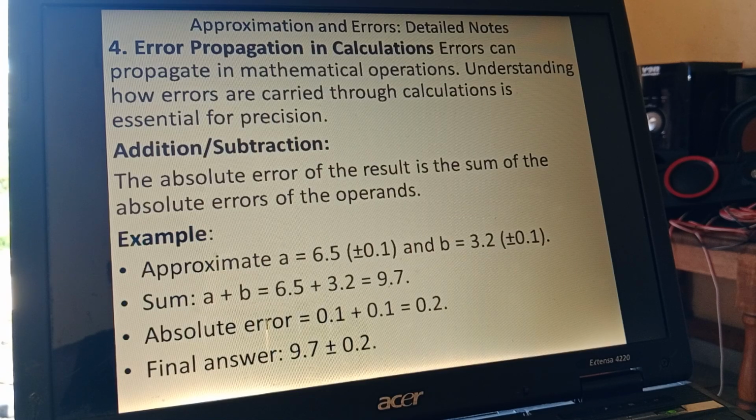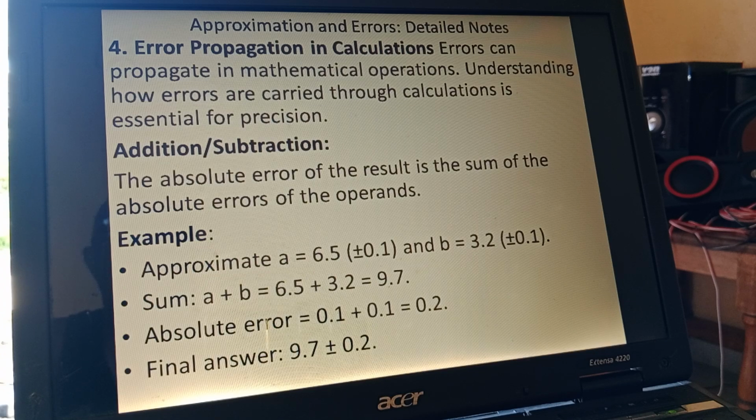Error propagation in calculations. Errors can propagate in mathematical operations. Understanding how errors are carried through calculations is essential for precision. Addition and subtraction: the absolute error of the result is the sum of the absolute errors of the operands.